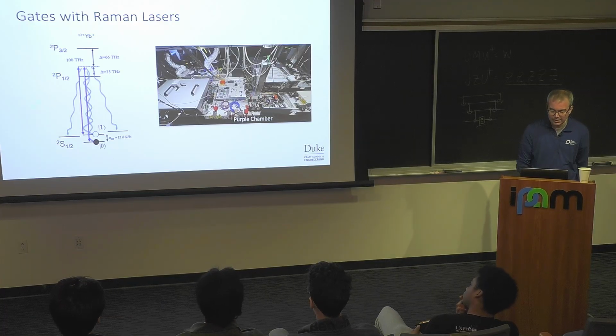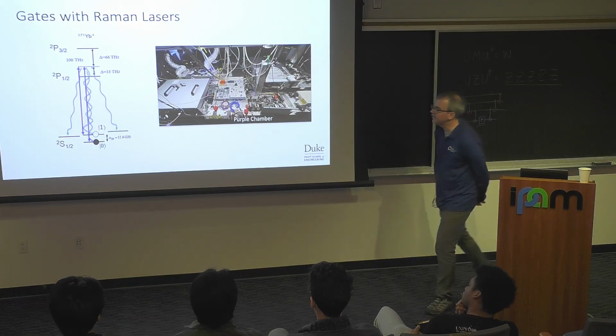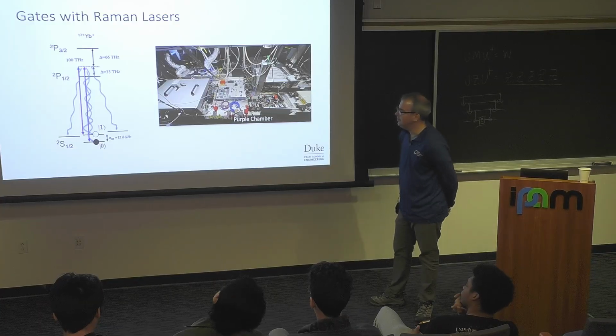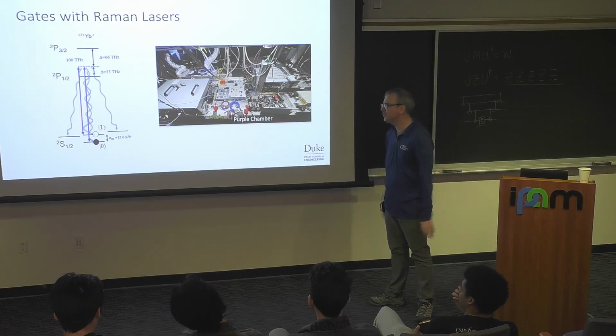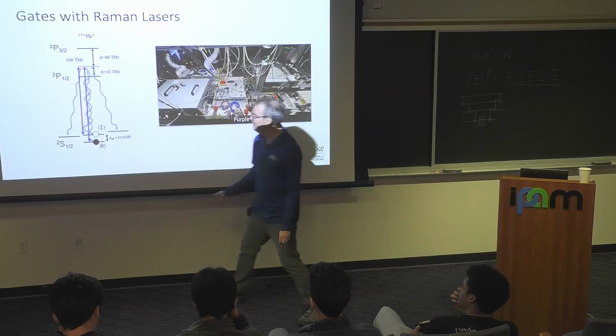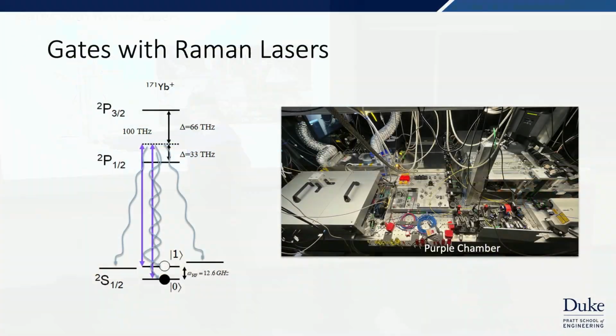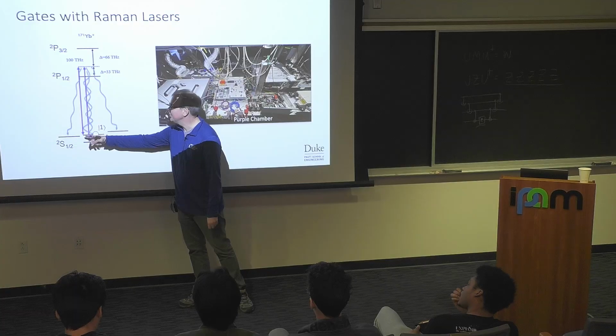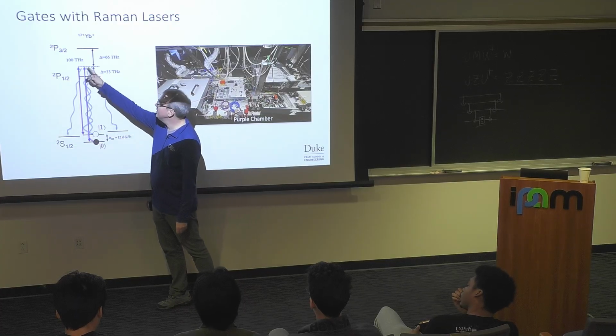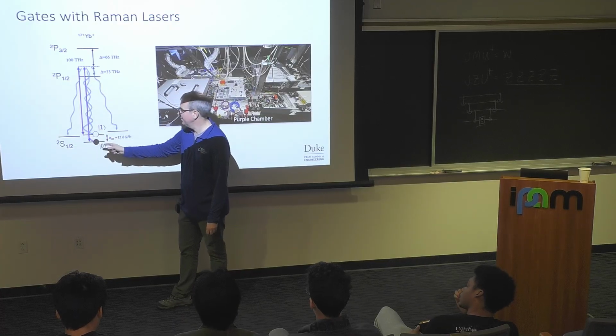All right. So we use ytterbium, and this is not a summer school in atomic physics, but the key point is that these two ground states here are first-order insensitive to magnetic field. So it makes the Z error not that important. And to drive it in a way where we can actually push the ions around, we use a Raman transition, which shines the same laser, basically at 355 nanometers.